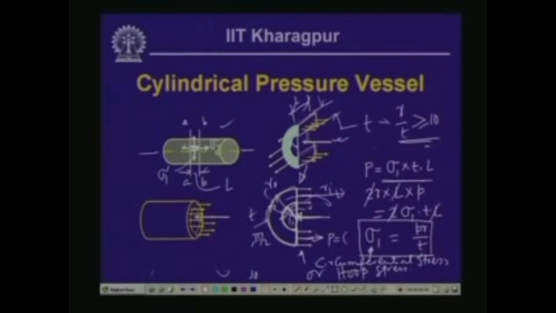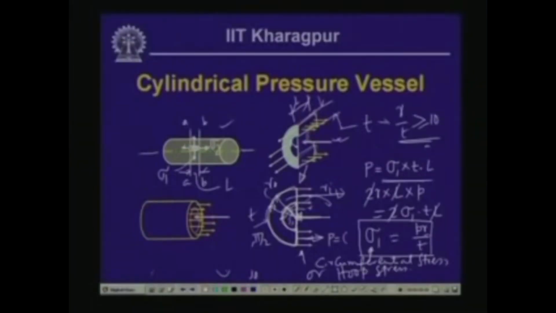One point must be noted here: I am using the value as R, though initially I had stated two values of R, one is R internal and another is R outer or external. Since the thickness of the vessel is very small, we consider that there is little variation between the internal radius and the external radius, and we consider the radius as the internal radius and compute stresses for all.